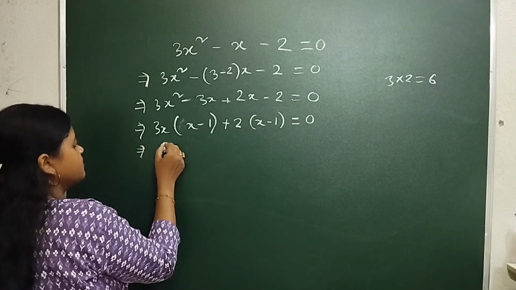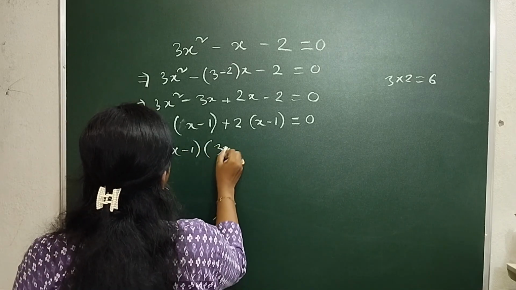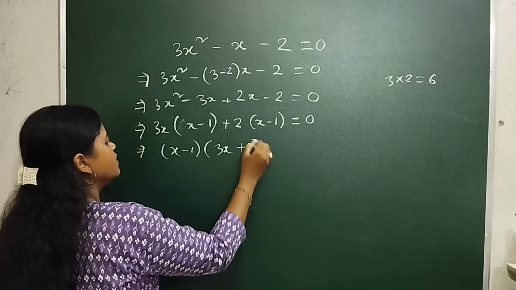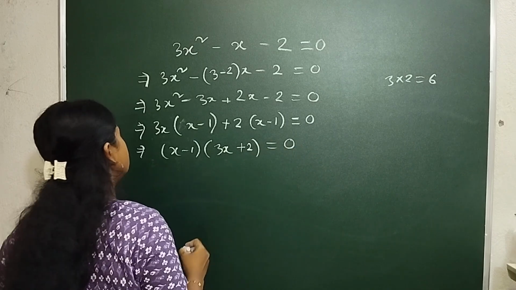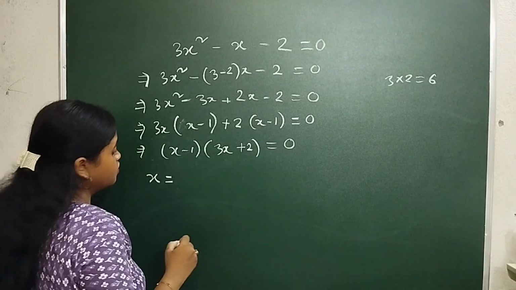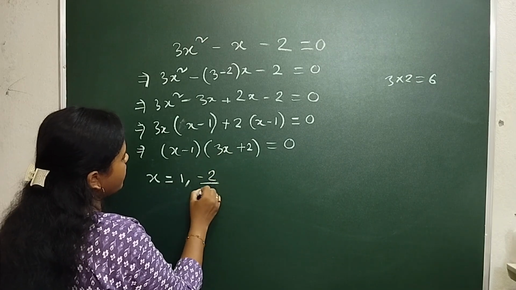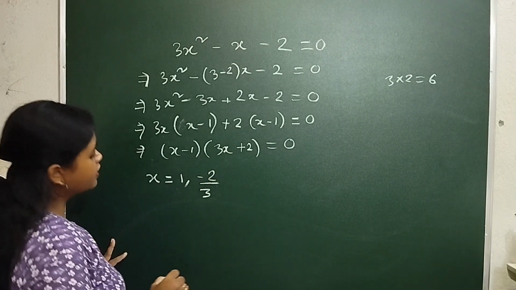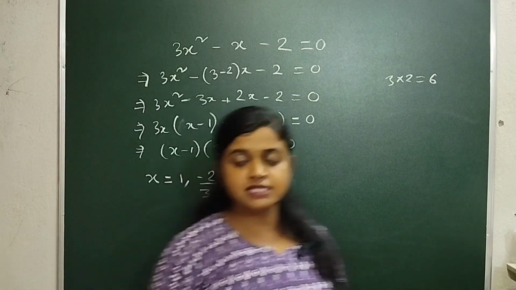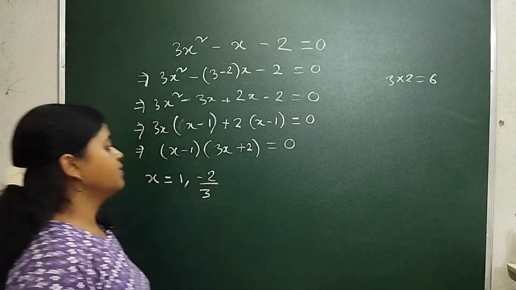So we get x minus 1 into 3x plus 2 equals 0. So if we find the zeros, we get 1 and minus 2 by 3. Okay, so the zeros of the polynomial are 1 and minus 2 by 3.